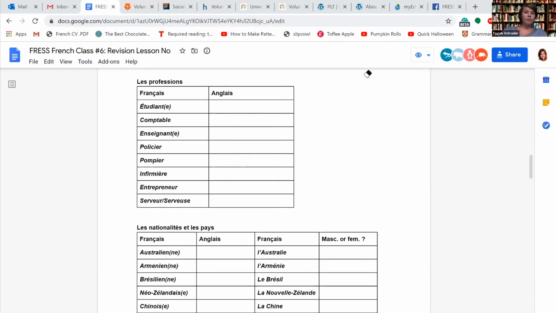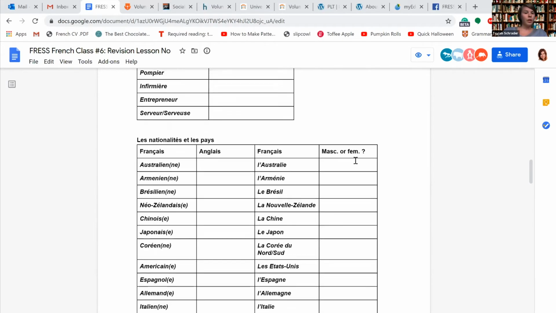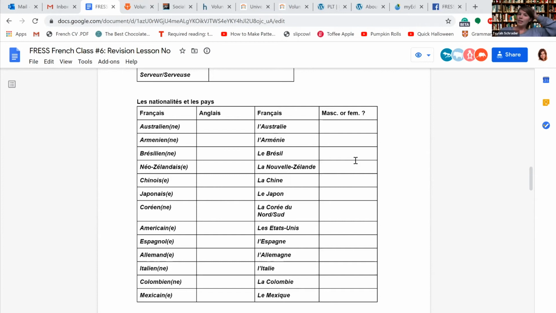Next we have nationalities and countries. Okay, so les nationalités et les pays. As you can see on the left-hand side, we have nationalities, and on the right-hand side, we have countries. Now, most of these names are pretty easy to tell where they belong to.